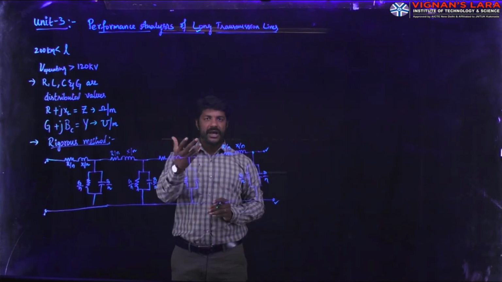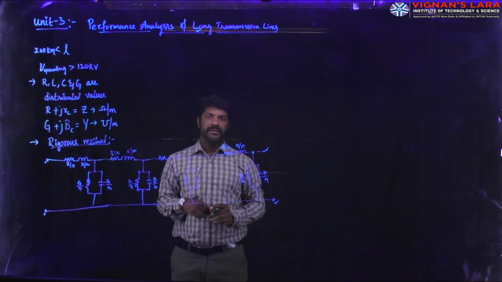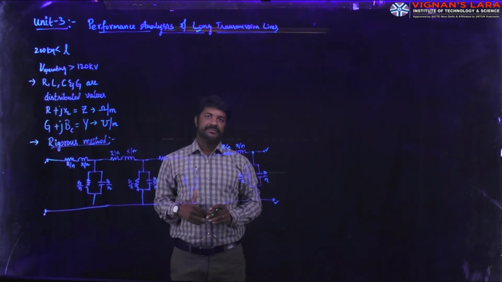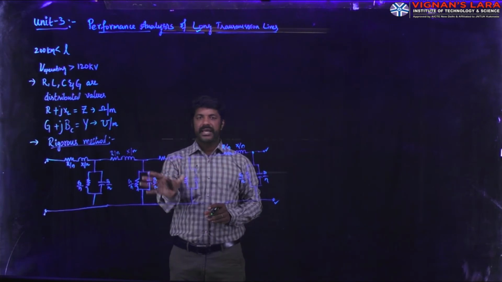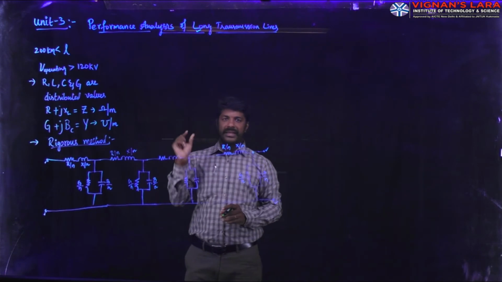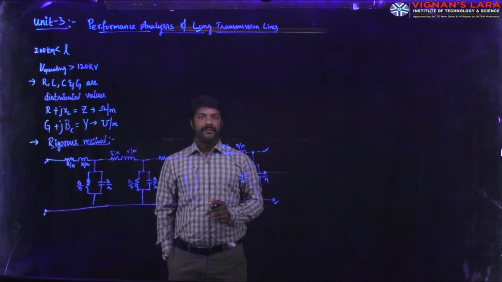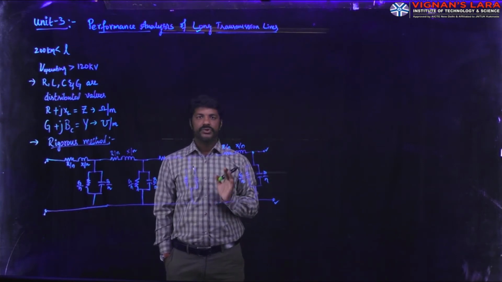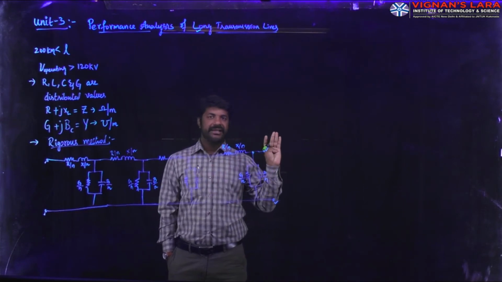To minimize this complication in the calculations, we go for a rigorous solution method, which we are going to discuss as the first topic in this third unit. So our first topic today is the analysis of the long transmission line using the rigorous method. For the analysis, we analyze the quantities on the sending end side: sending end voltage Vs and sending end current Is.